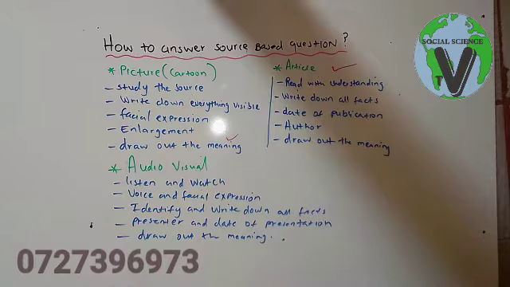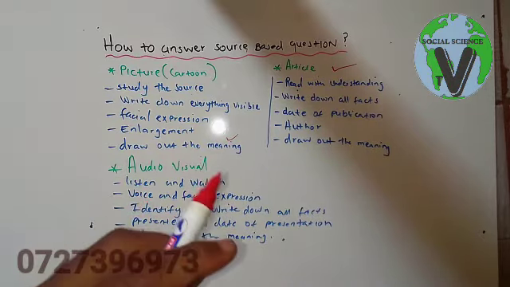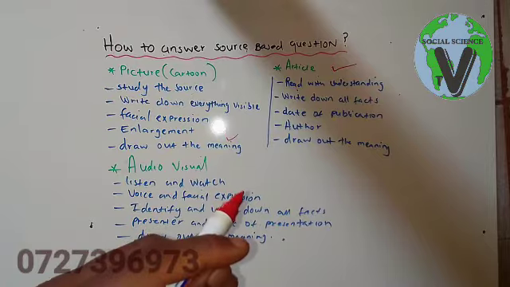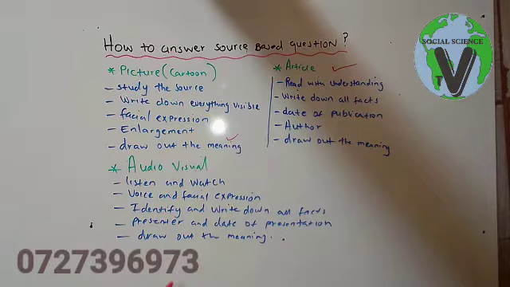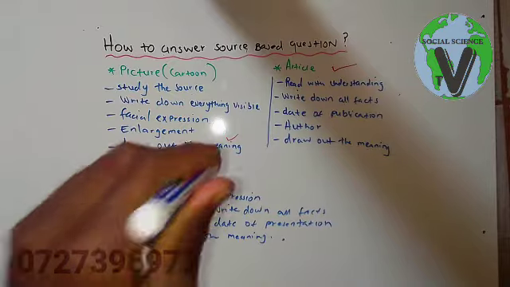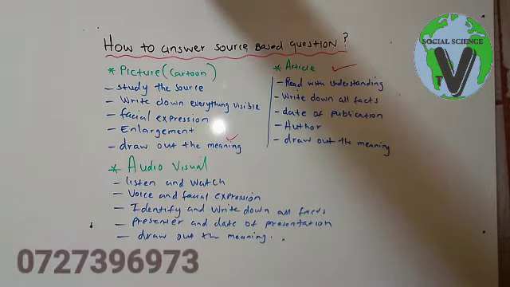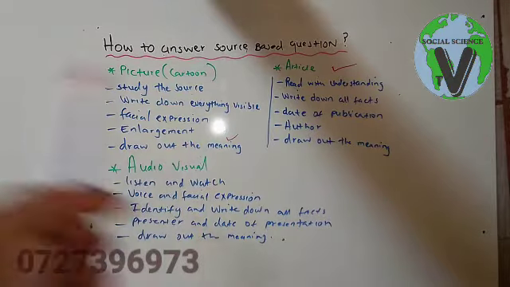You look at the date of publication. Why are you looking at the date? You want to check if the article is still relevant even today. Also, identify the author. Who is the author of that particular article? Then from there, you draw out the meaning.